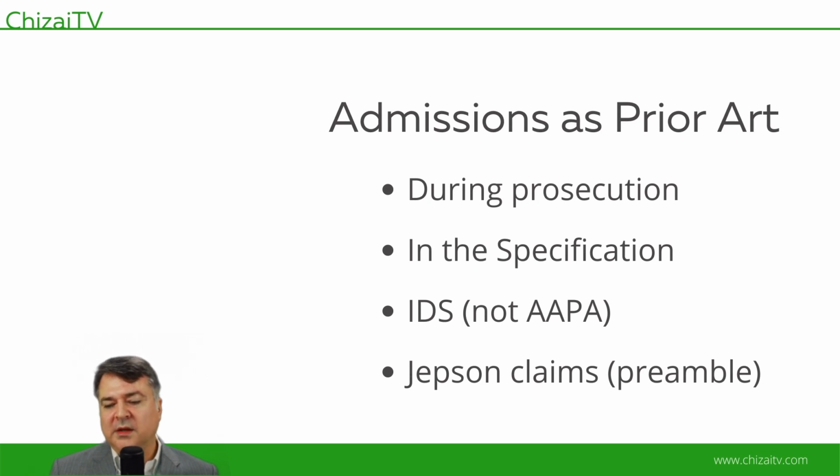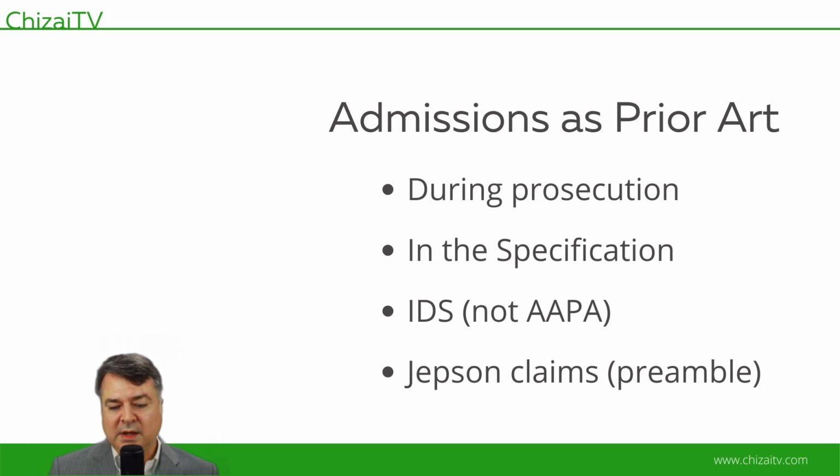And then something about Jepson claims. Jepson claims are not recommended to be used. They generally aren't used anymore, but this is part of the rule, so I wanted to explain that the preamble of a Jepson claim could be applicant admitted prior art.